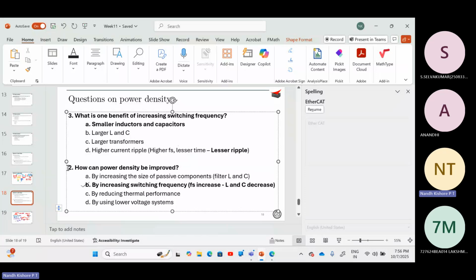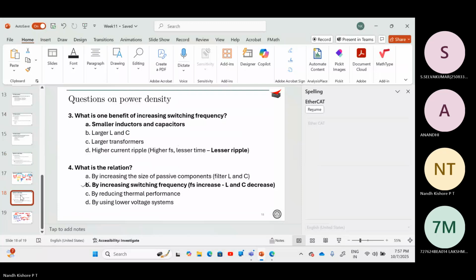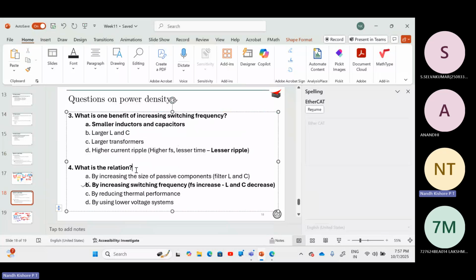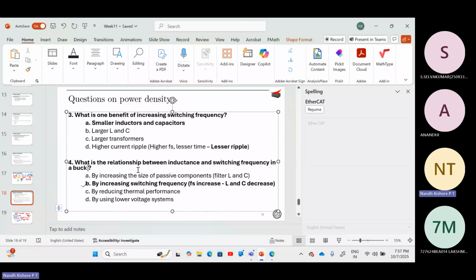Again, a very related question. What is the relationship between inductance and switching frequency in a converter? Option A, directly proportional.